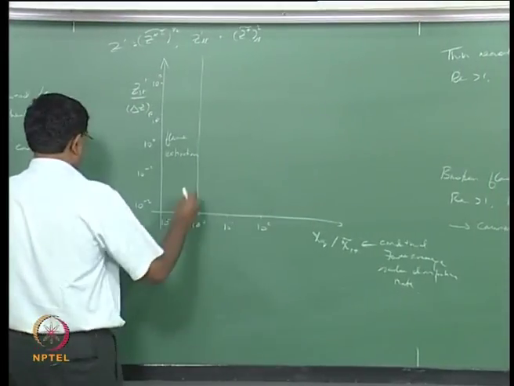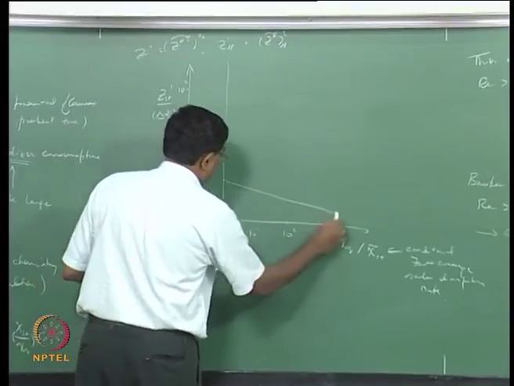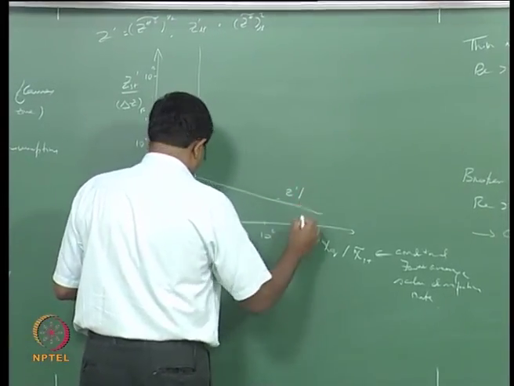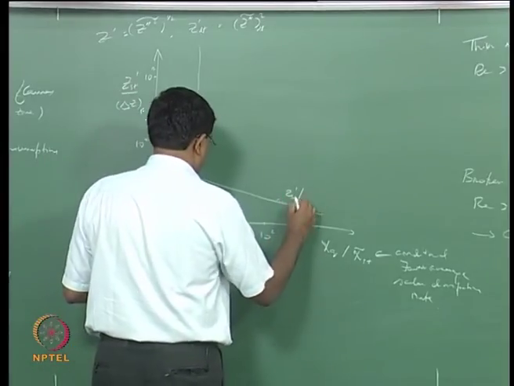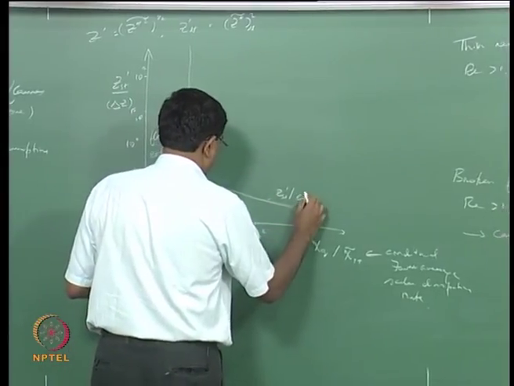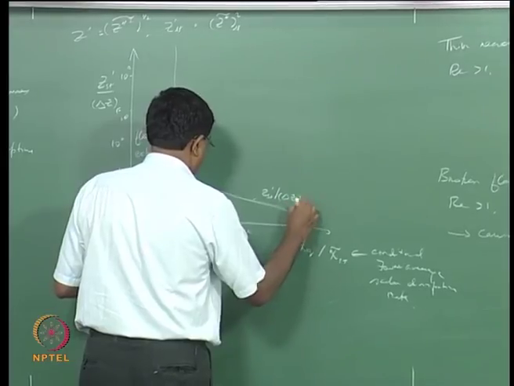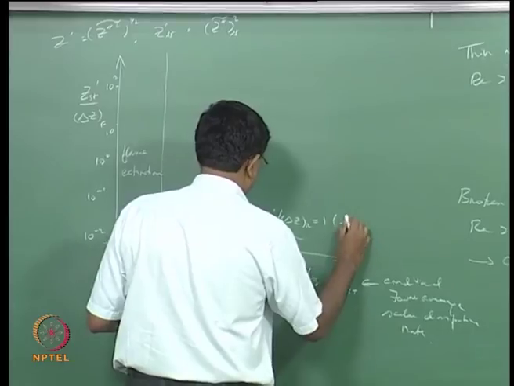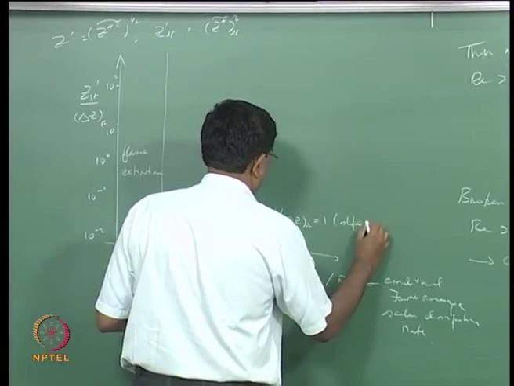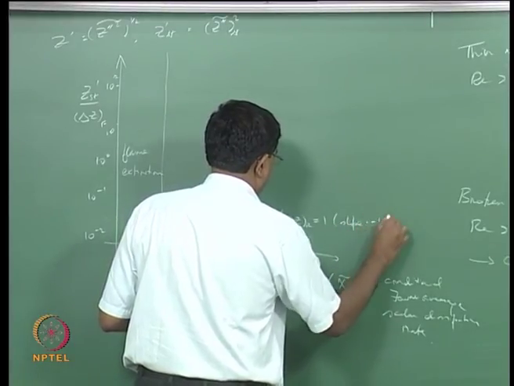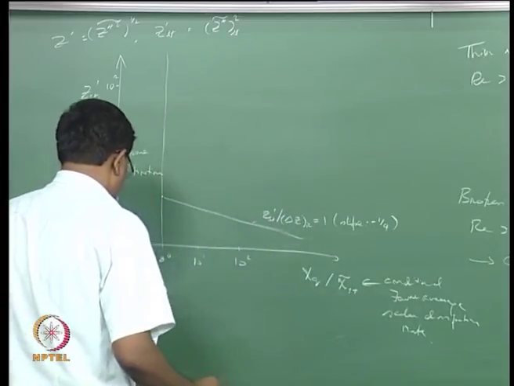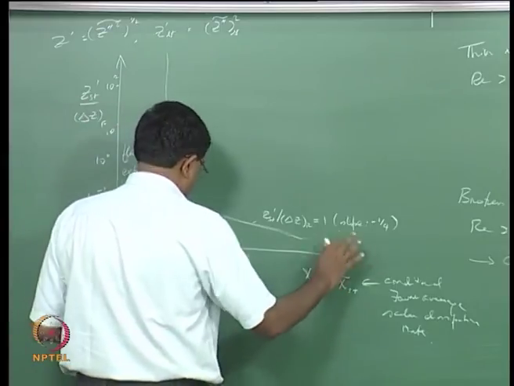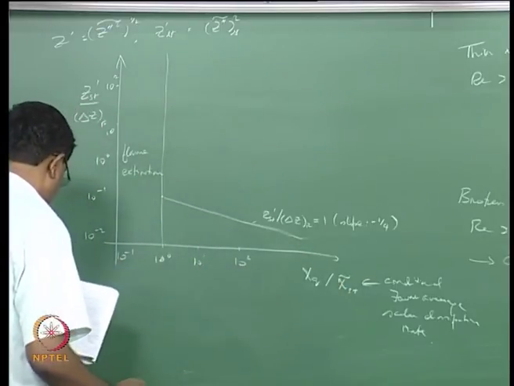Starting from here, you go through a line that is like this. So this is zst divided by delta zr equal to 1, and this is slope minus 1 over 4. We are taking chi st tilde as approximately the same as chi st here, as I said.